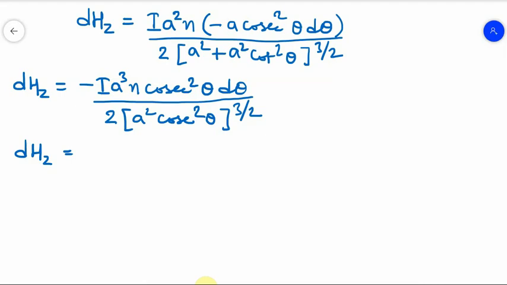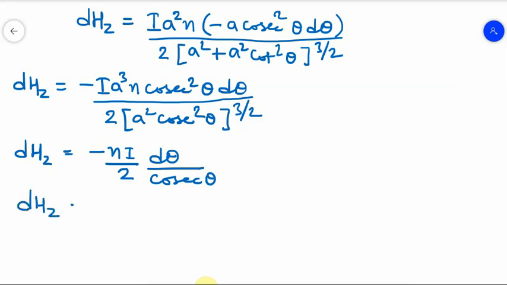So we have minus n I upon 2, d theta upon cosec theta. Finally dHz equals minus n I upon 2, and 1 upon cosec theta is sin theta, so sin theta d theta.